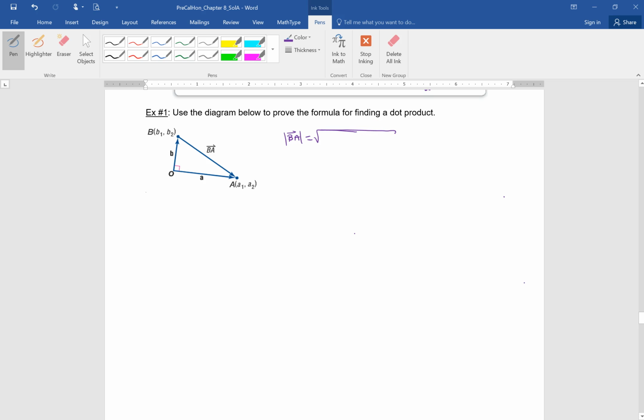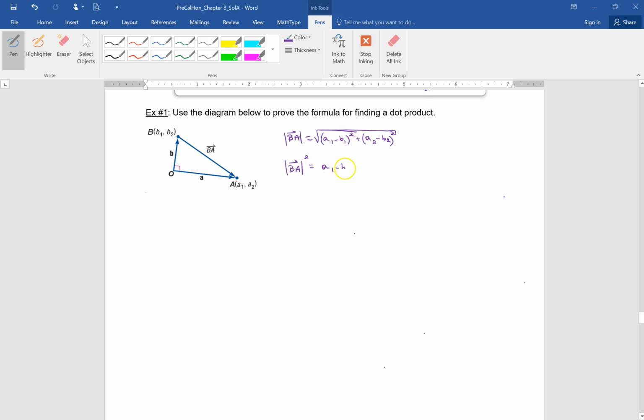Okay, so the length of BA is, okay, so we're going to apply the distance formula, right? So it's going to be the square root of A1 minus B1 squared plus A2 minus B2 squared. Now, I don't like that square root, so let's just square both sides of this.